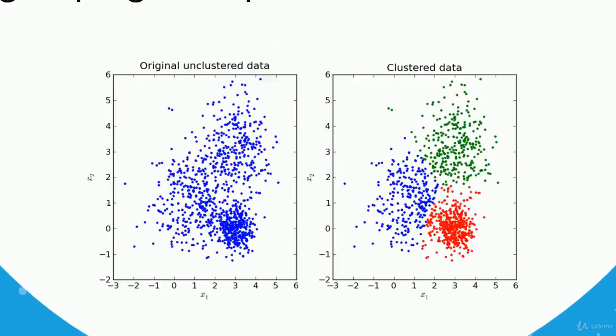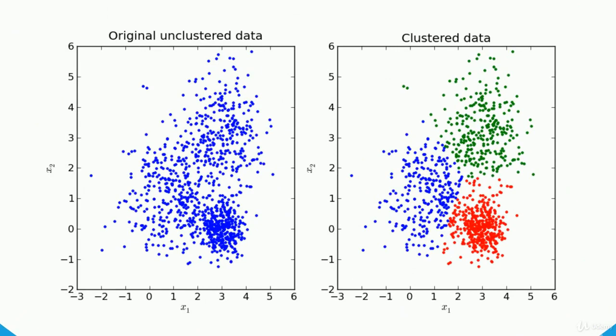So let's take a look at this image. On the left, we have original unclustered data. And looking at this, you might not be able to make sharp distinctions between where the data occurs, but on the right, it's pretty obvious that we can separate this into 3 clusters of data. At least that's what it looks like when it's color-coded as such. We might be able to tell that there's a grouping of data points in the bottom right in the left image.